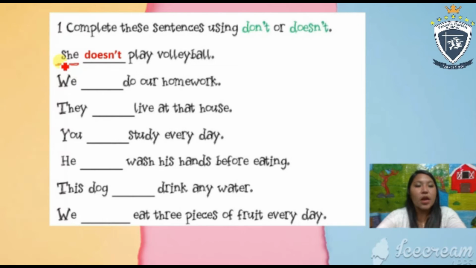Next, we do our homework. We. ¿Con qué trabaja el we? Doesn't or don't? Con el don't. Yes, we don't do our homework.